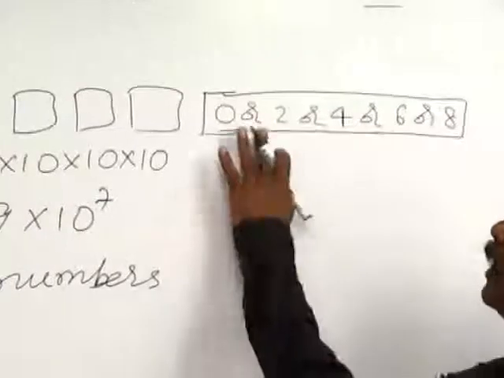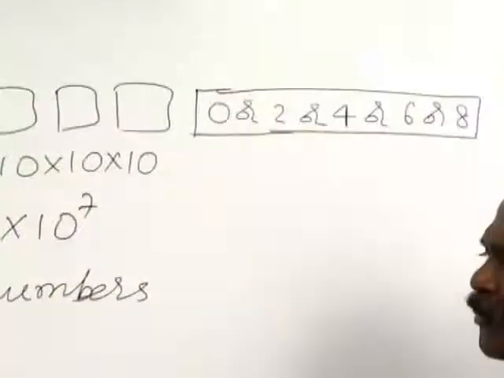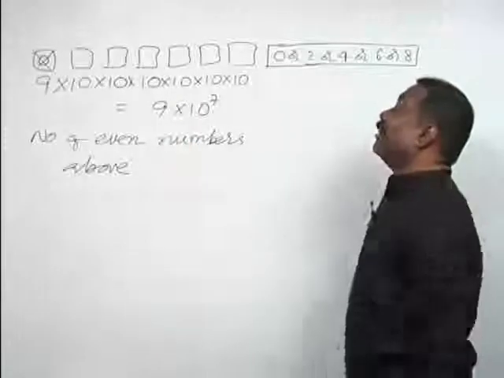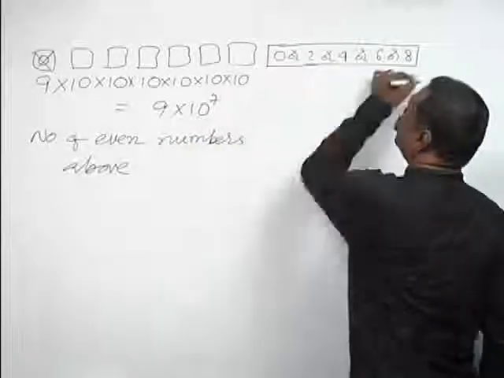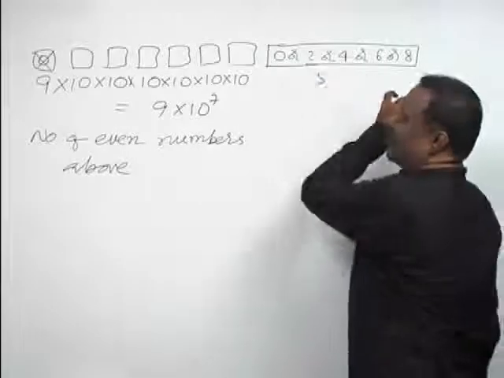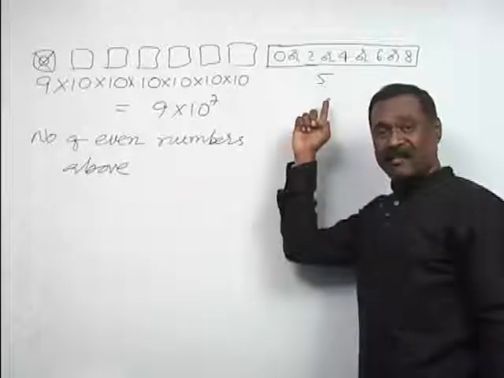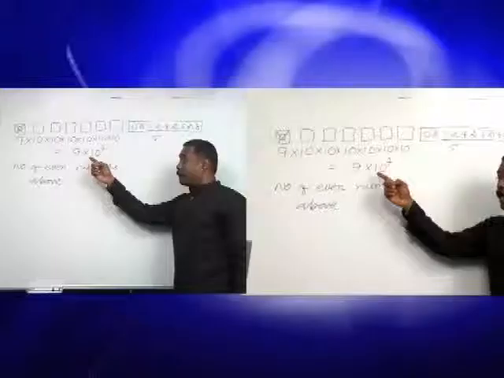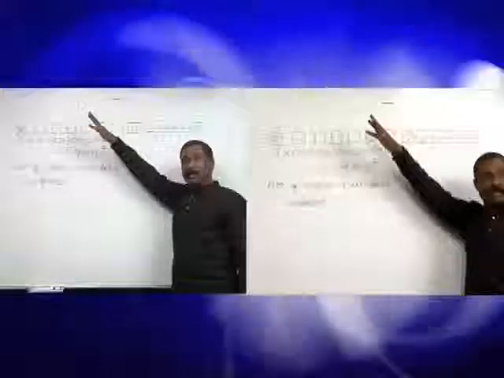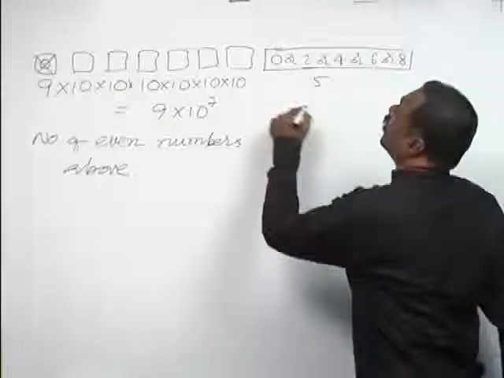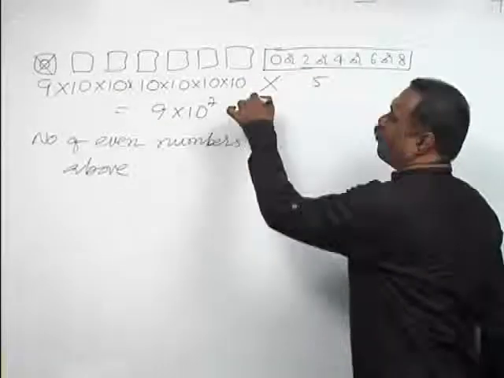Then what happens? If you need the number of even numbers in this case, then this blank place should be filled only with any one of these 5, but not 10. If you fill it with 10, you will get the total number of 8-digit numbers, but I need only the number of even numbers. That is why I am filling it in only 5 different ways.